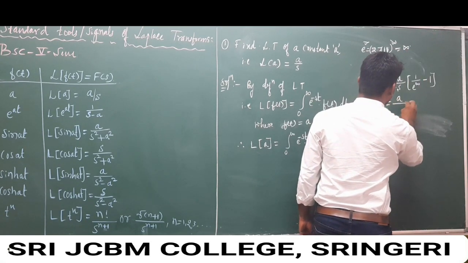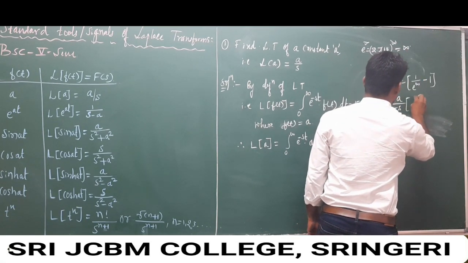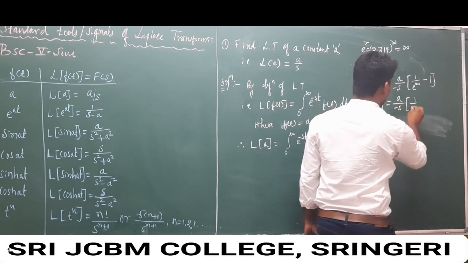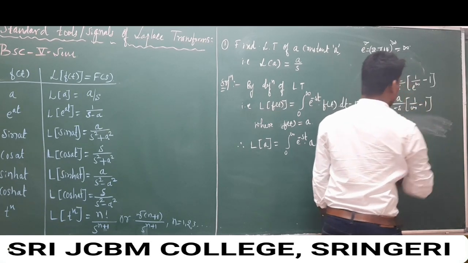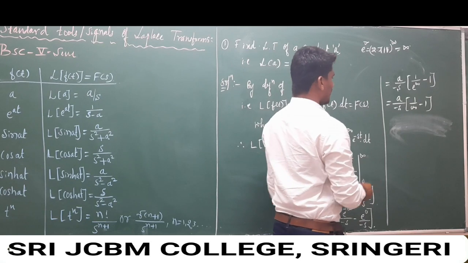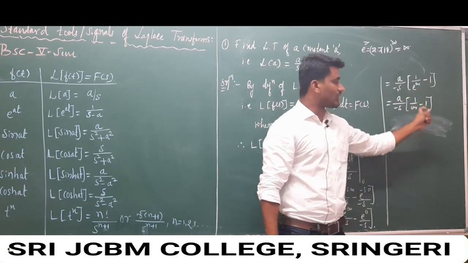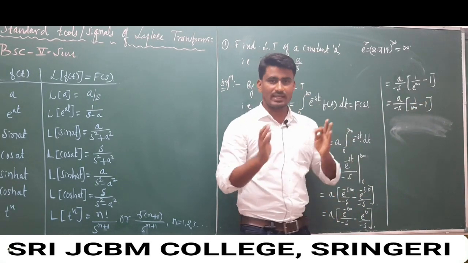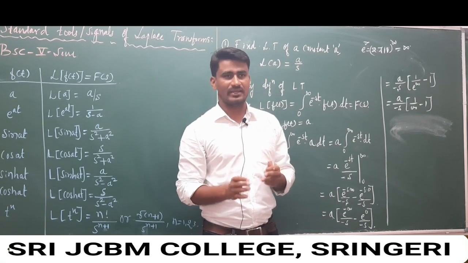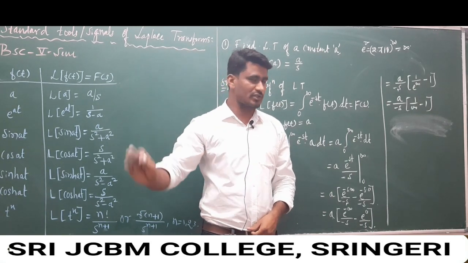So a over minus s times 1 over infinity minus 1, and 1 over infinity means some big number dividing 1, so it gradually decreases to 0.